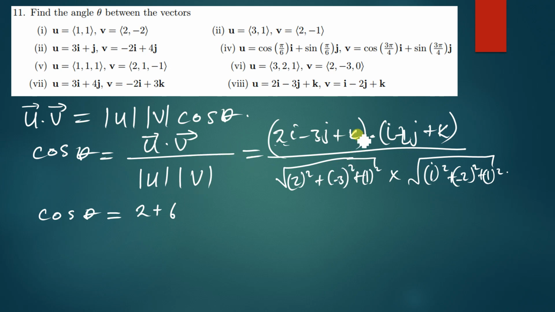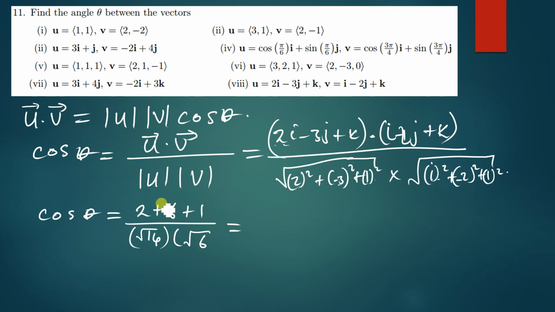Then we have 1 times 1, that will give us 1. So we have everything divided by 4 plus 9 plus 1, we have 14, the square root of 14, times we have 1 plus 4 plus 1, that will be the square root of 6.